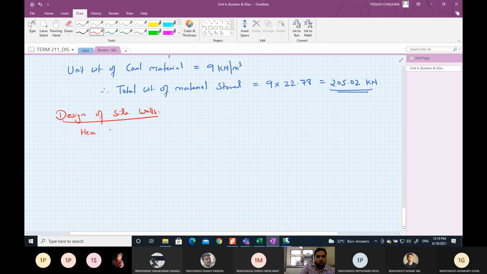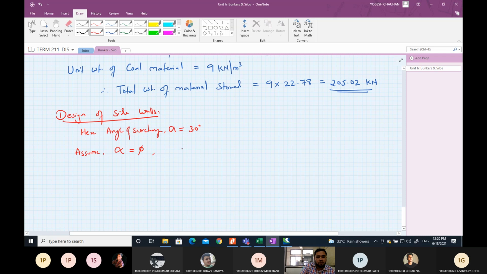Here, the angle of surcharge alpha is equal to 30 degrees, and assume alpha is equal to 5.